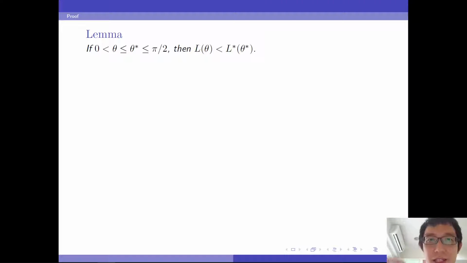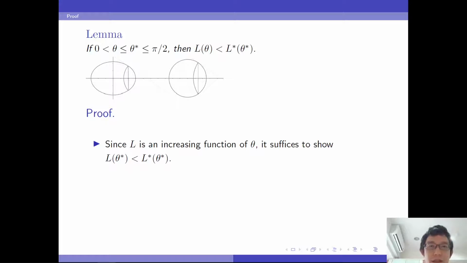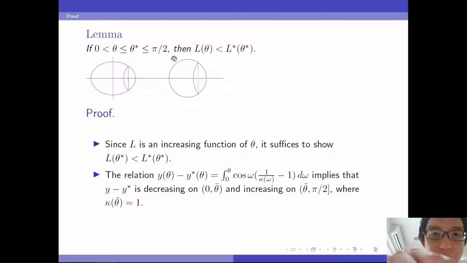Here, this star means that we are computing the quantity in the unit disk, the model case. This picture depicts the situation. On the left, we have omega. On the right, we have the unit disk. And we want to compare the lengths of these two perfect arcs.